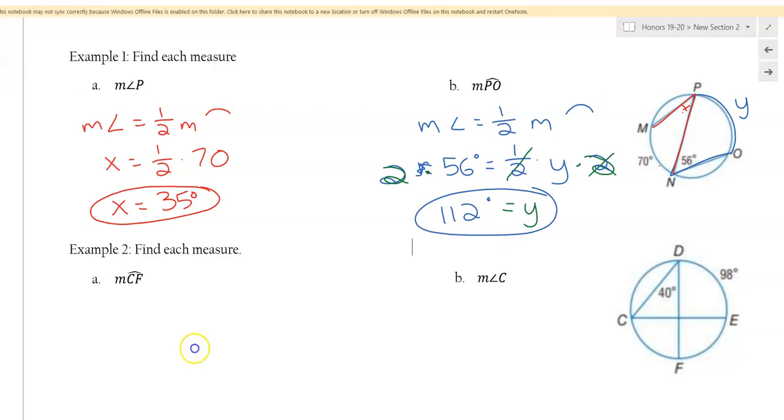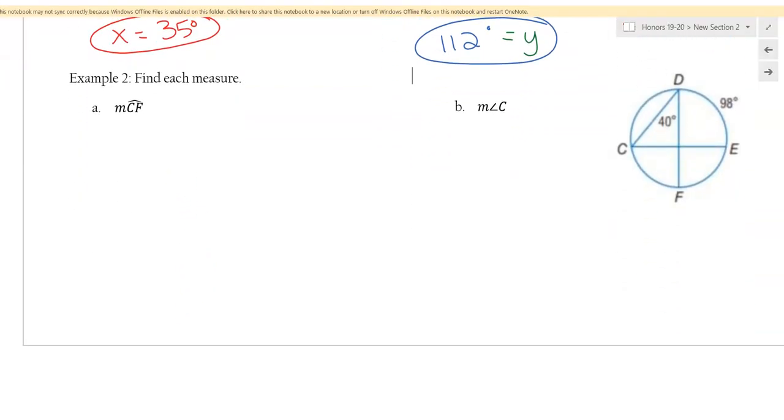On this lovely picture, find the measure of arc CF. Well, here's arc CF. So I'm going to go with C, and I'm going to follow the line to F. So that's the angle that intercepts this arc. So you're basically just connecting it in a different way. So that angle is 40 degrees.